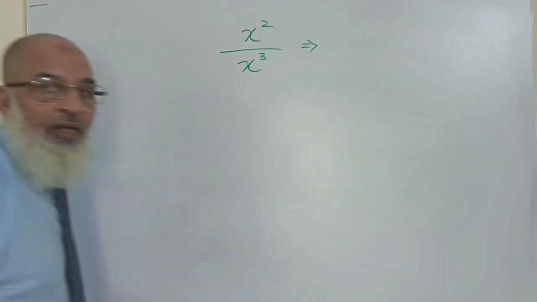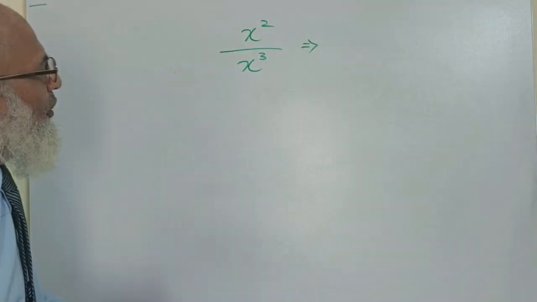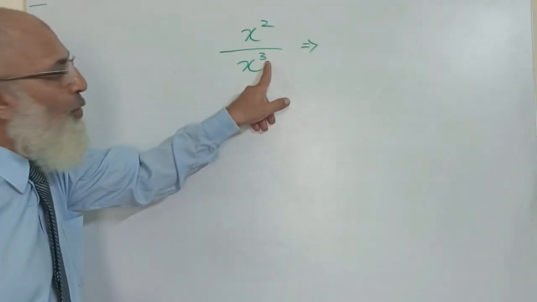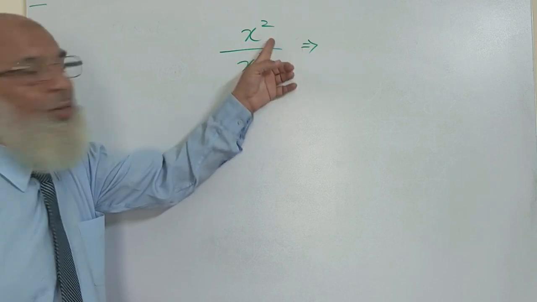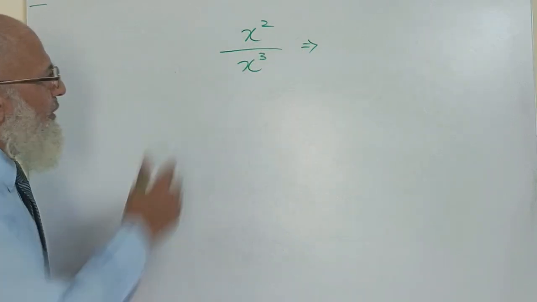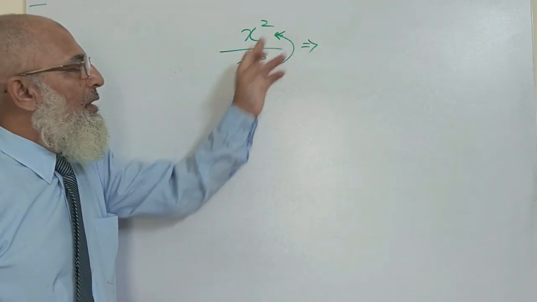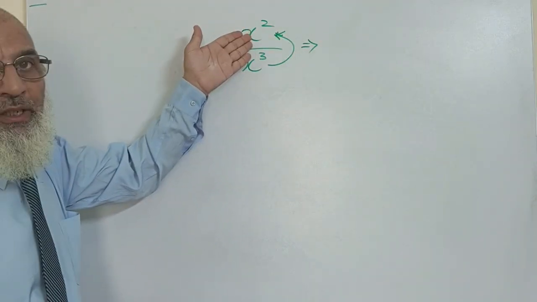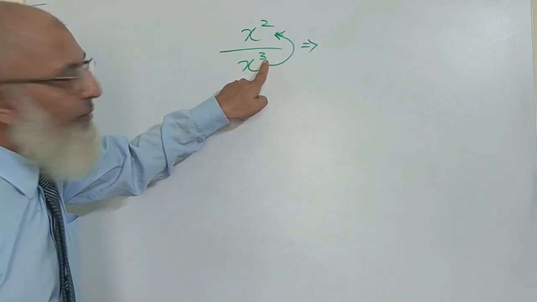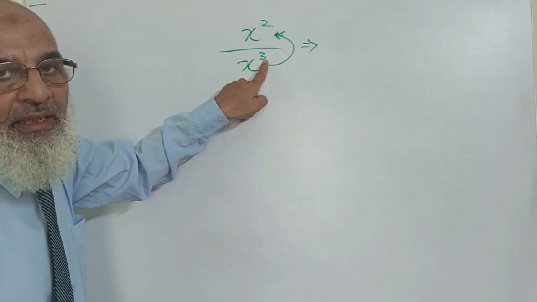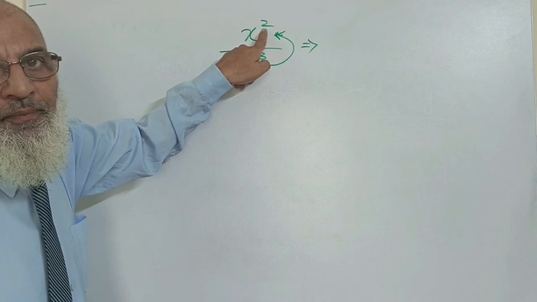So in our general practice till exercise 2.8, what we did was that we took this denominator to the numerator like this. But what happened when the index of the denominator is greater than the index of the numerator?